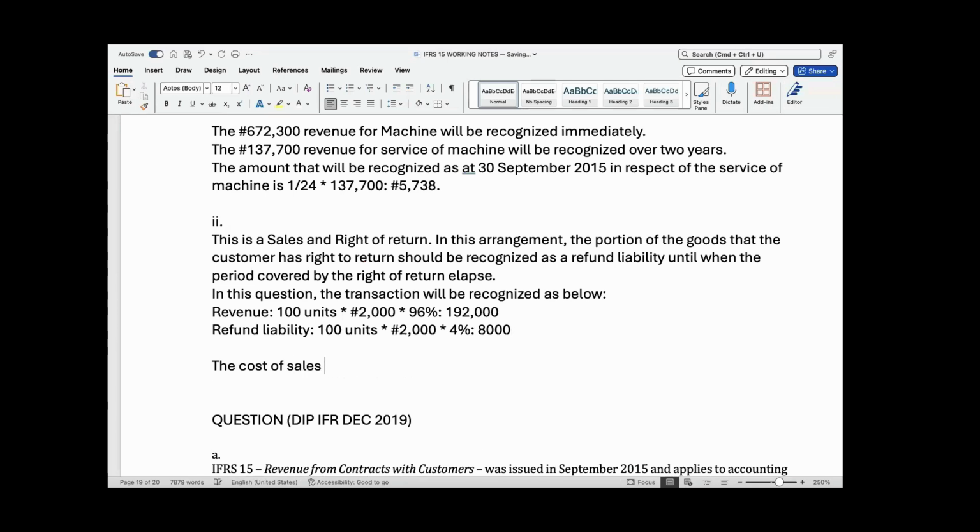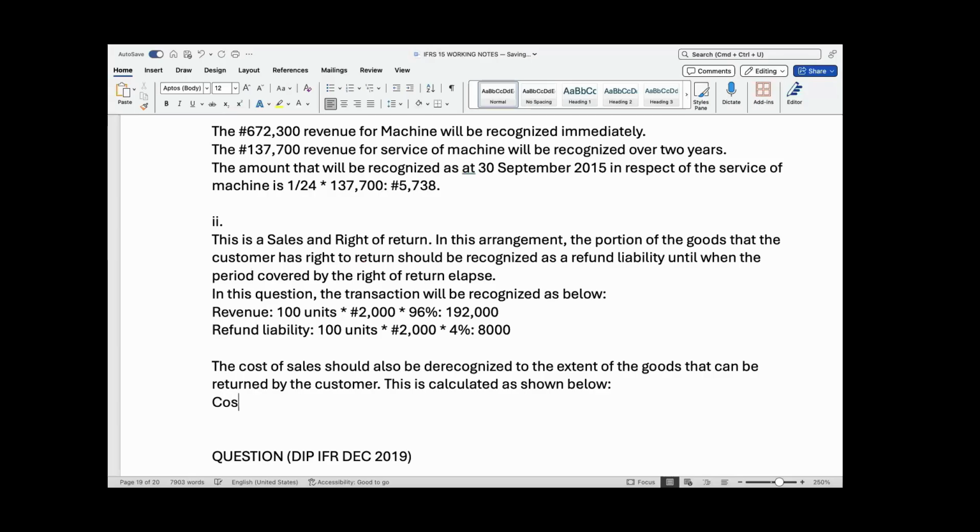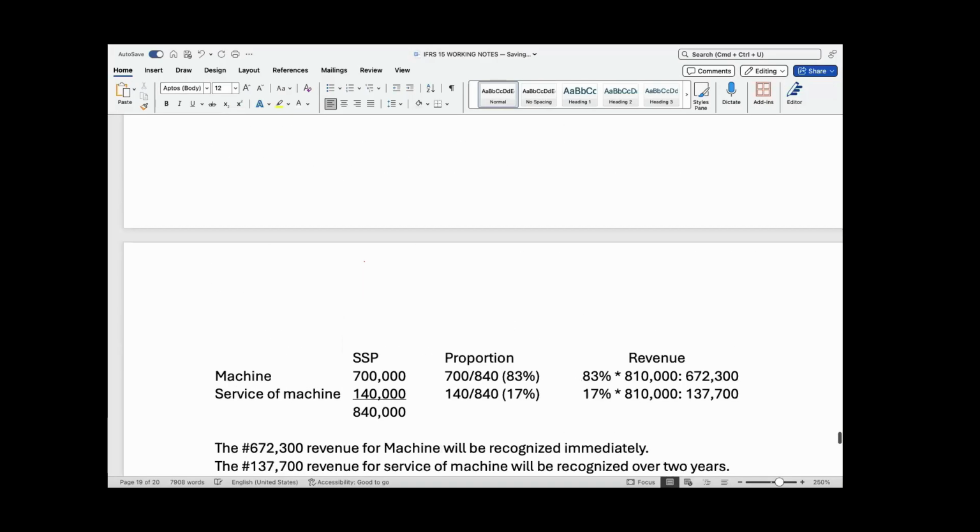So the cost of sales should also be derecognized to the extent of the goods that can be returned by the customer. And this is calculated as shown below. So I know that is 100 units. What's the cost of sales?